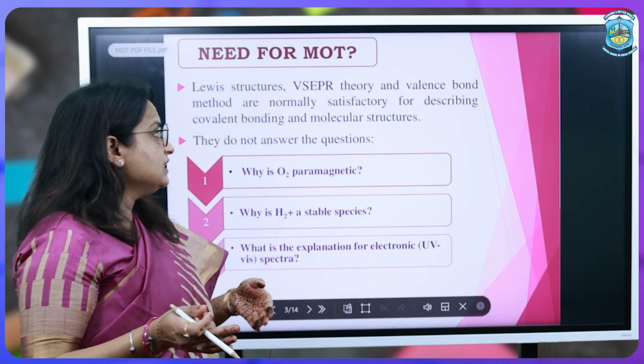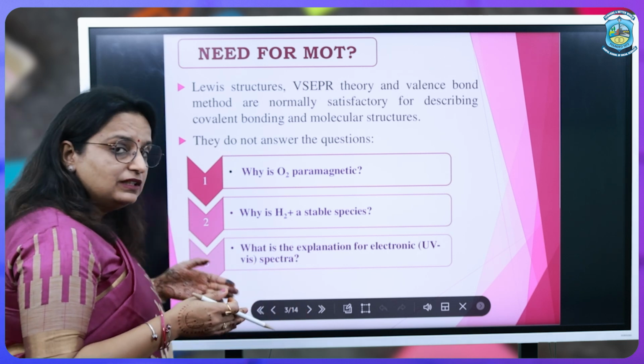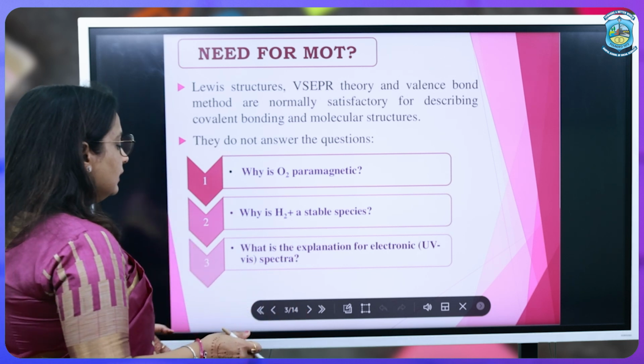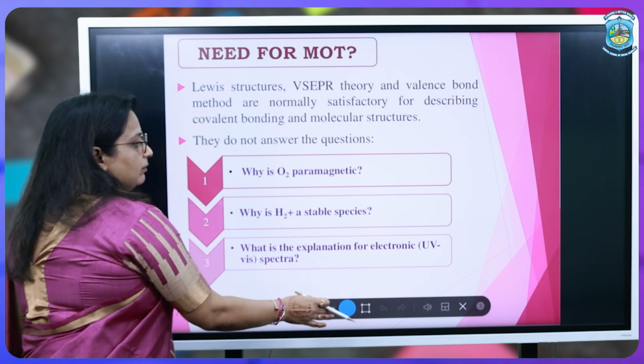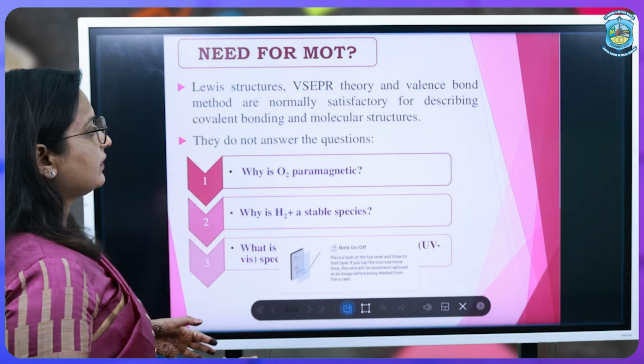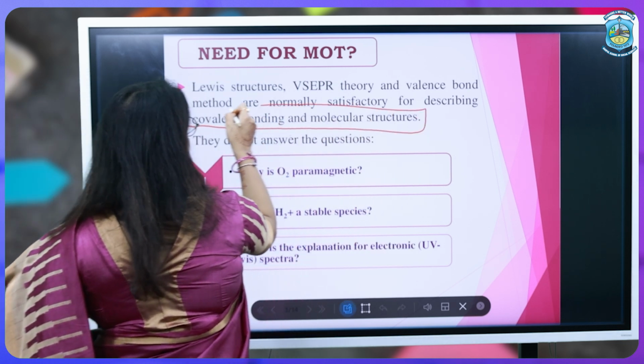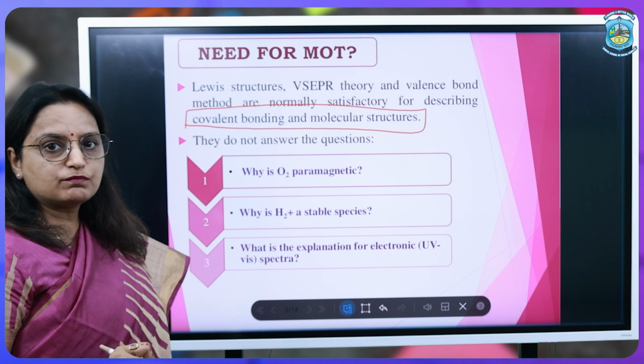As we were having VSEPR theory, Lewis structures, and many other theories, but what was the need of molecular orbital theory? The earlier theories were not very satisfactory in describing the covalent bonding and molecular structures of various molecules.